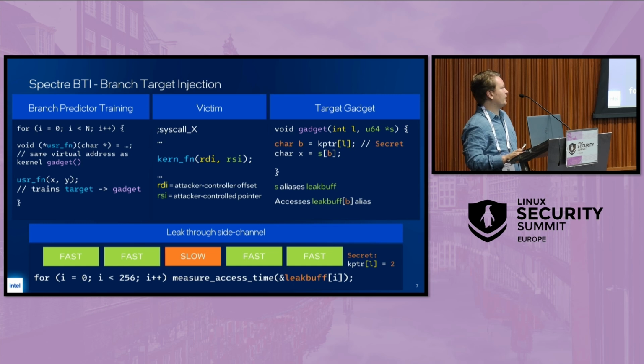After this gadget is executed, the attacker can go through one of these setup buffers that contains some cache sets, loop through the whole thing, and time the access for everything. In this case, we have a fast one, then we have a slow one which was evicted by the target gadget. So we know that the secret value that the attacker wants to steal is 2 in this case.